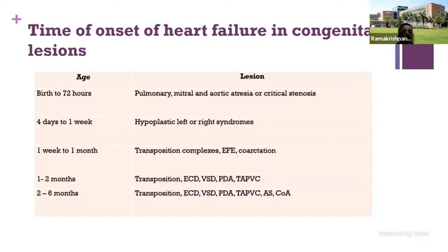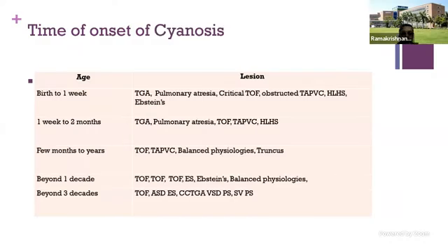Most of these, VSD, PDA, TAPVCs, all of them present with onset of symptoms, heart failure, from 1 to 2 months. Whereas aortic stenosis can present at any time, but if it is not a very critical AS, it generally starts presenting beyond the neonatal period. In the same way coarctation, even though coarctation can present earlier also. But this is a very important slide for you to remember: this is the time of onset of cyanosis.